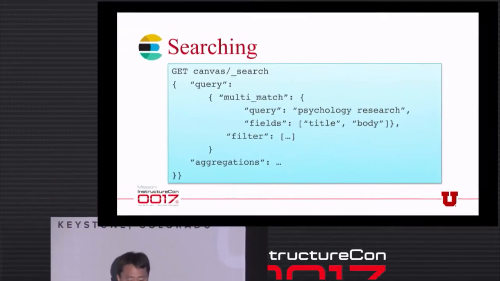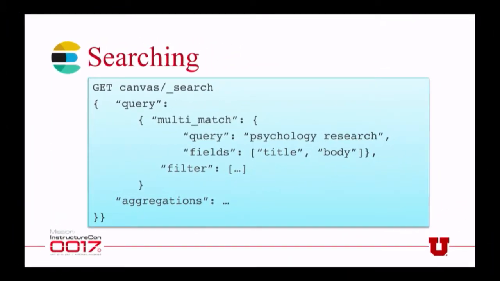Now searching. This might be a little weird. This is how it internally works in Canvas Elasticsearch. As you can see, the API command GET means bring some information to me. Canvas is the repository, again the index name, and underscore search is the actual command.